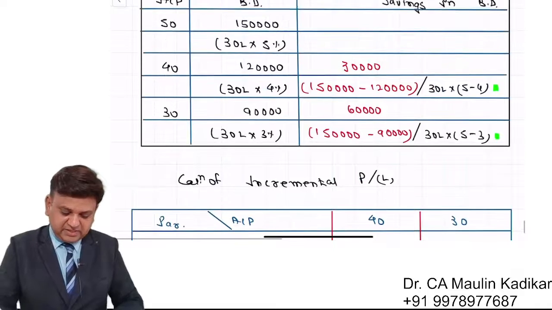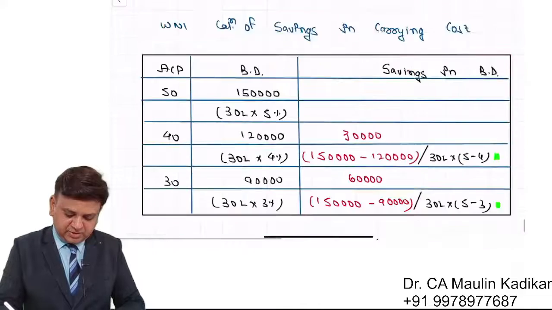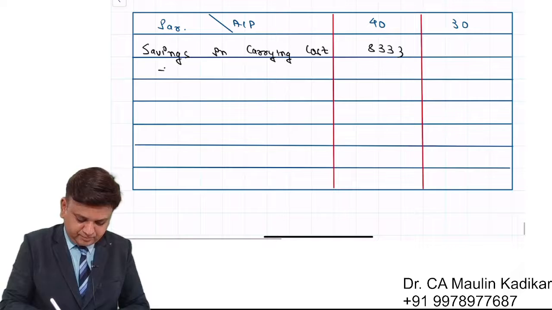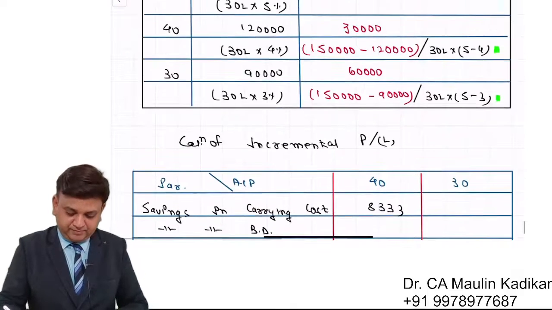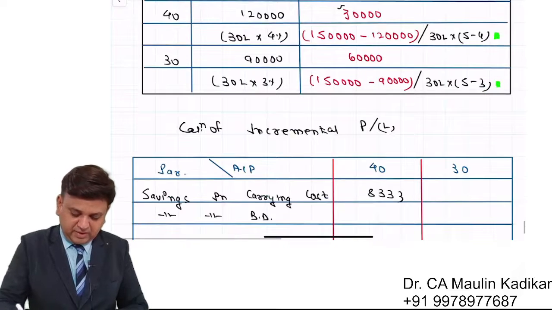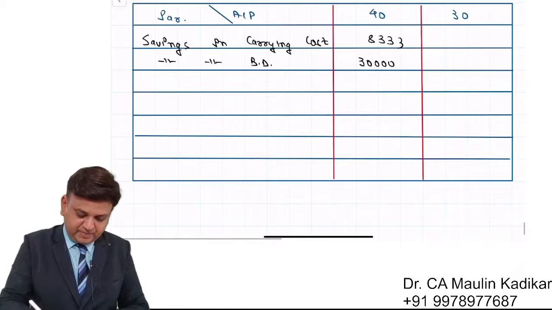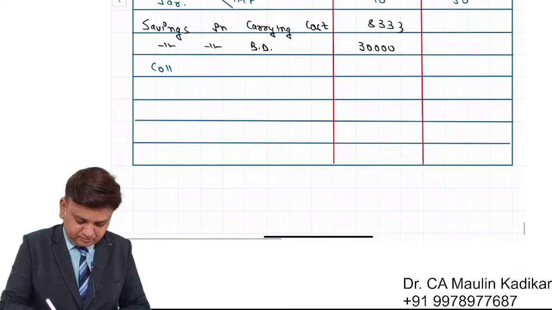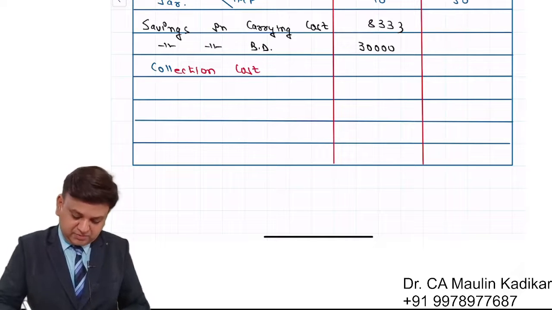Okay, what is the savings in carrying cost? We understand that it is 8,333. Then savings in the bad debts. It is an amount of 30,000. Then collection cost. Right now the collection cost is 30,000. It increases to 60,000.